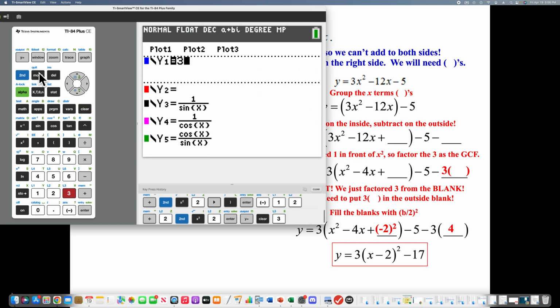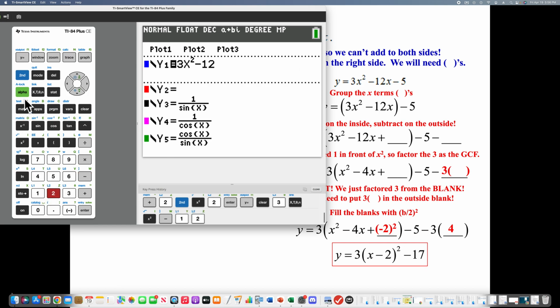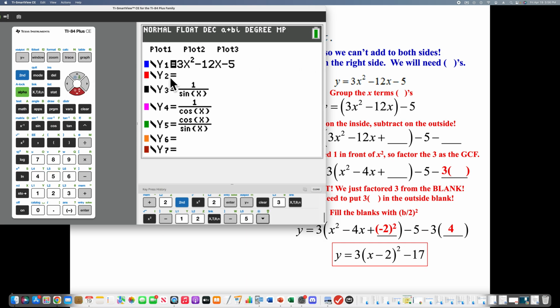Okay, 3x squared. Very similar to what we were doing earlier when we made our graphs, so you could see the vertex. So 3x squared minus 12x minus 5. Okay, now I go down here for y sub 2.